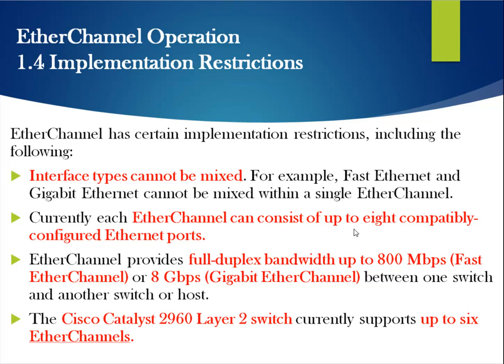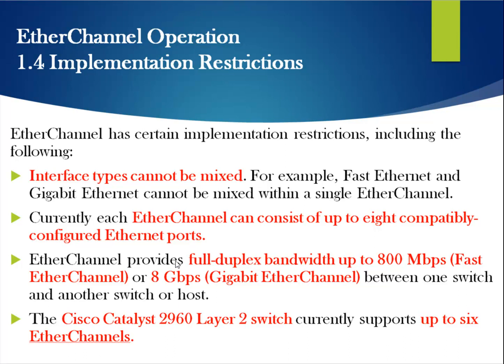But if you see the last point, the Cisco Catalyst 2960 Layer 2 switches support only up to 6 EtherChannels. So depending upon the series of switches, the number is going to change. There is some restriction, which means we cannot have any number of ports in an EtherChannel. There is a limit.